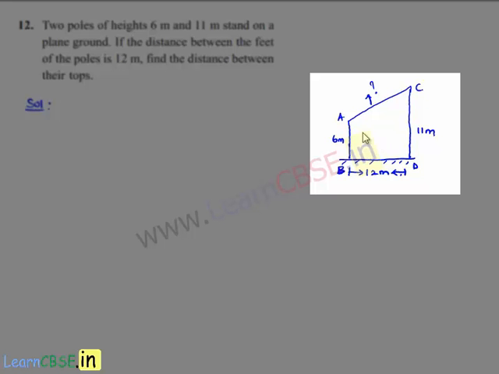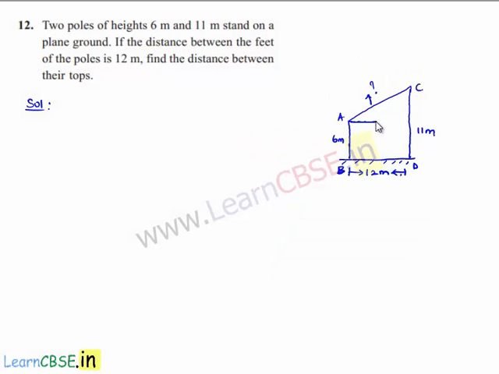In order to find this, let us draw a line joining A to CD, that is AE, such that AEDB forms a rectangle. AB is equal to 6 meters, CD is equal to 11 meters.